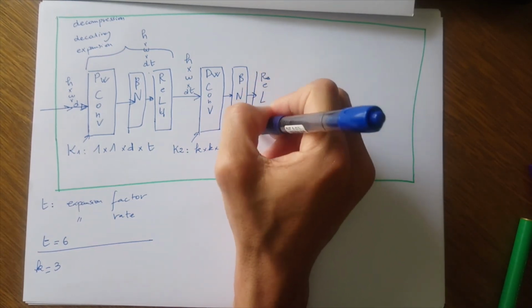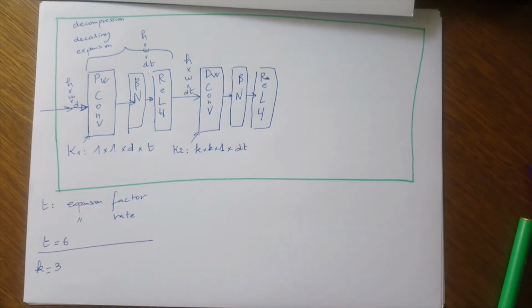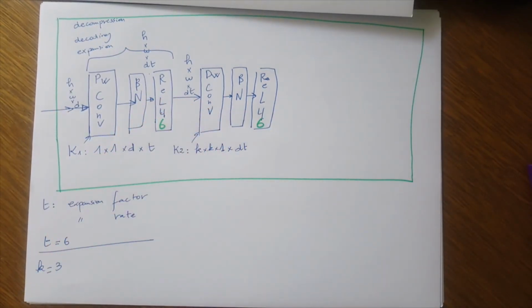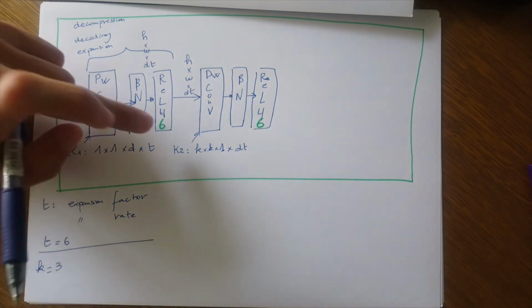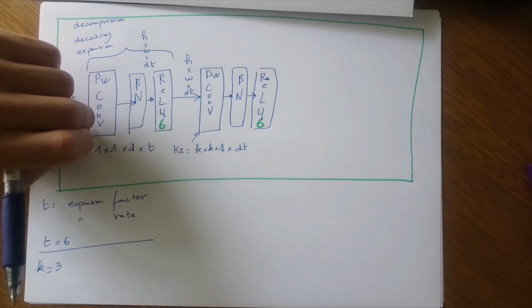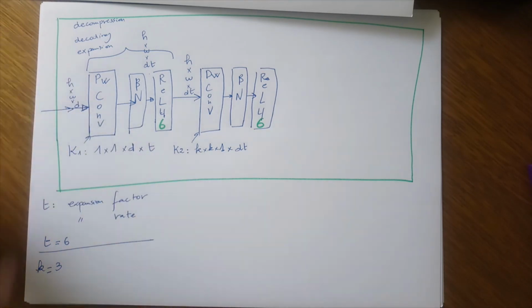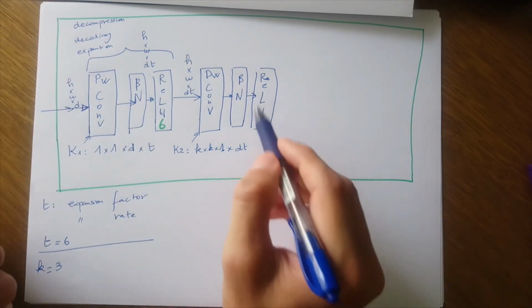By the way, the ReLU applied here is not the standard ReLU you know, it's ReLU6. ReLU6 prevents the activations from becoming too big, and the authors of MobileNetV2 found that ReLU6 is better than ReLU when using low precision computations. I think low precision computations in this context means that the operands are encoded on a small number of bits. Whatever, they found that ReLU6 works better.